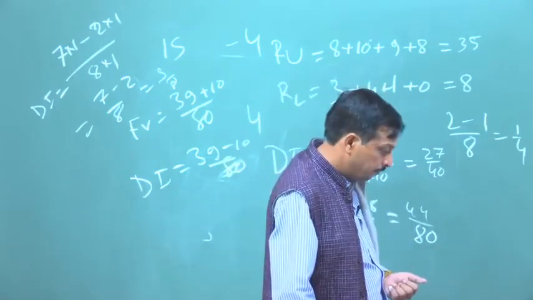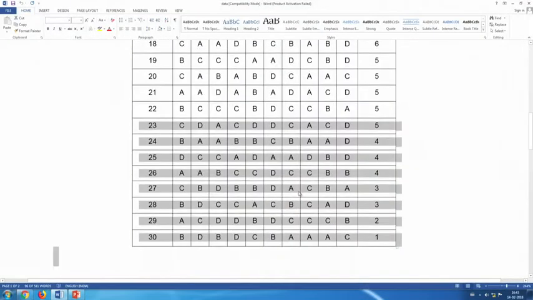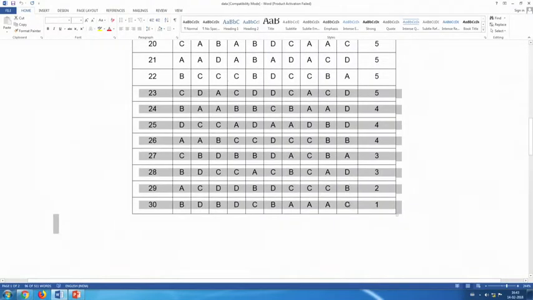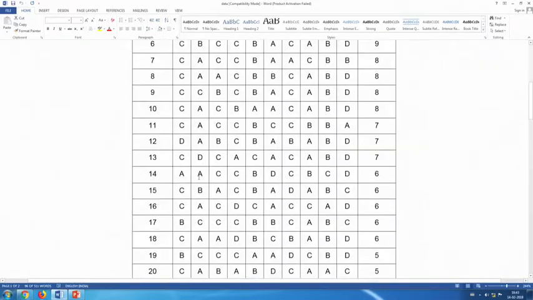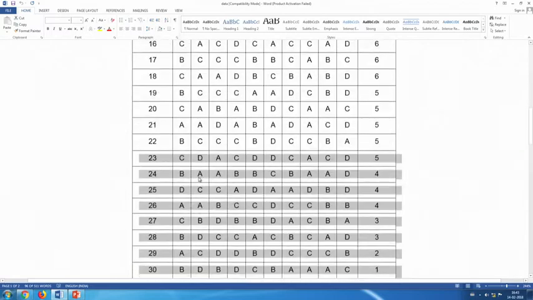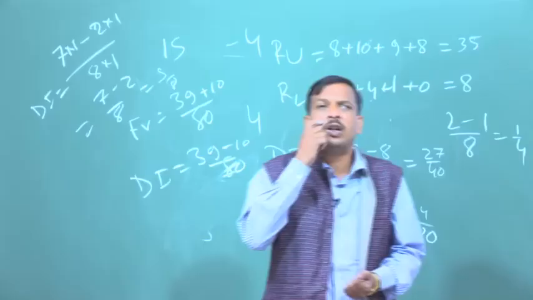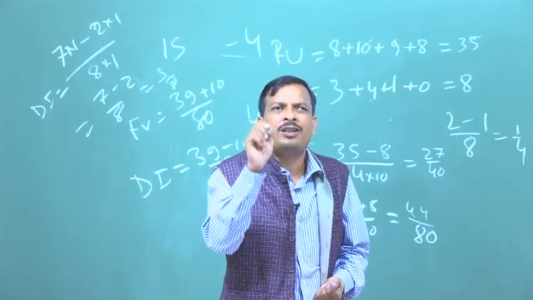If you see the correct answer is C, and maybe there will be a distractor which is not chosen by anybody in the lower group.